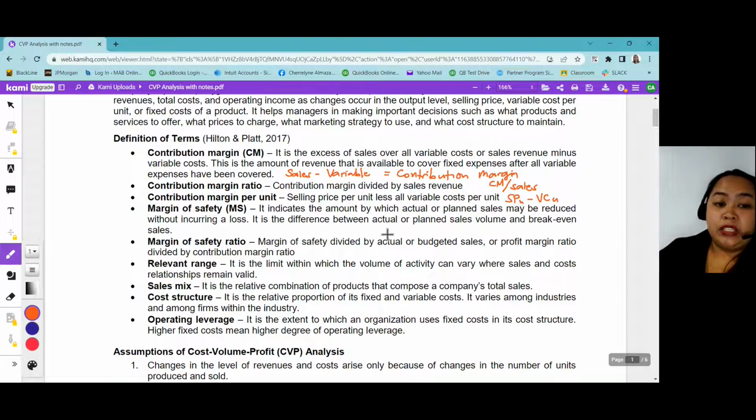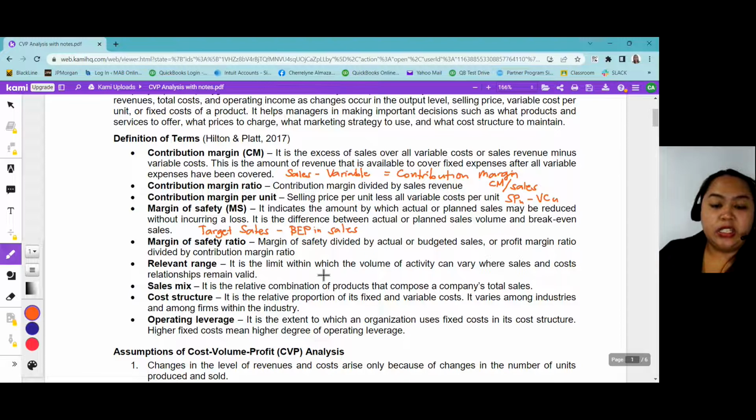So ang formula natin for margin of safety is your actual sales or yung target sales na lang, less yung ating break-even point in sales. Okay? Next, margin of safety ratio is margin of safety divided by the actual budgeted sales or profit margin ratio divided by your contribution margin ratio.